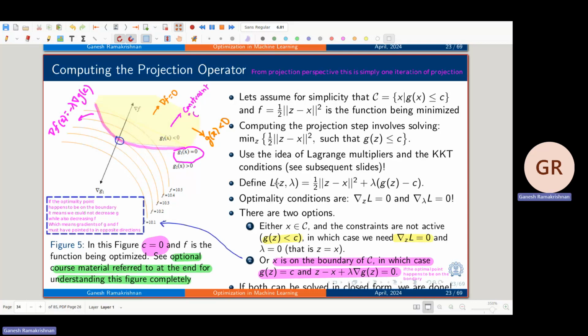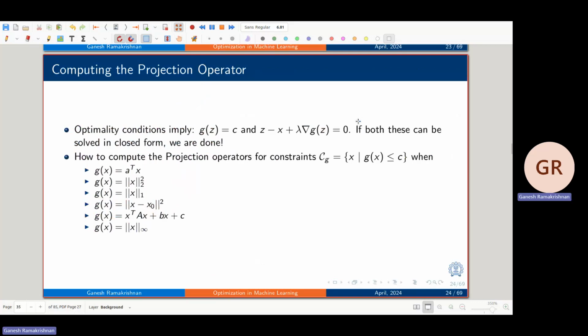I have some optional course material where, in my previous offerings of the course, I would spend a lot of time explaining this figure, but I think this is good enough. So what I want to do is leave you with a homework problem. Try computing the projection operation for these functions.